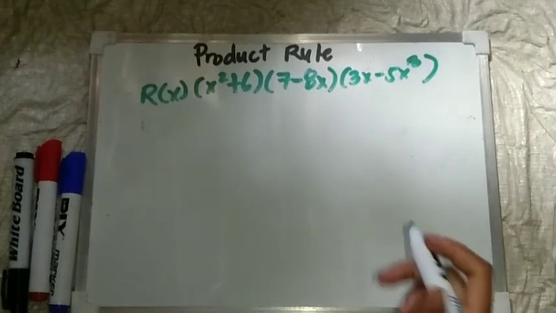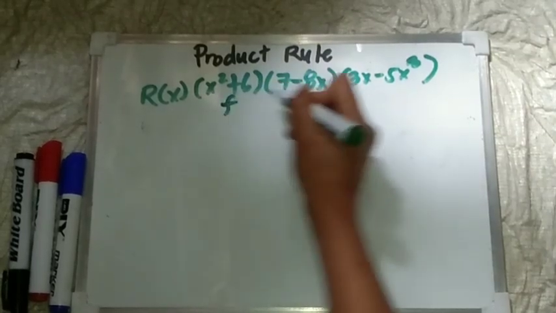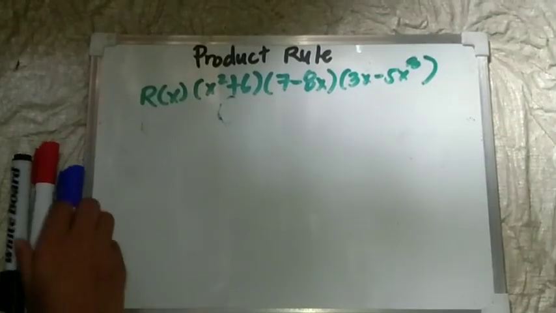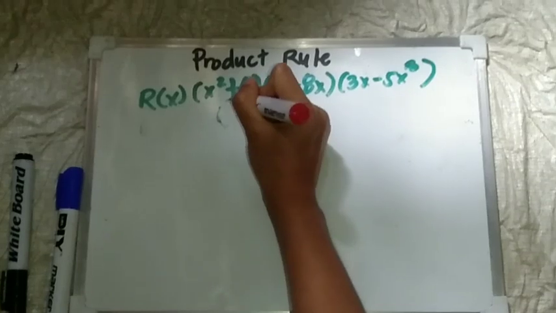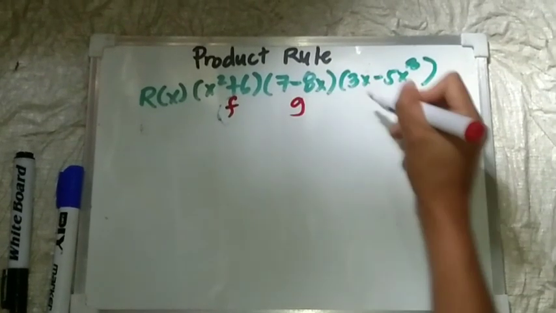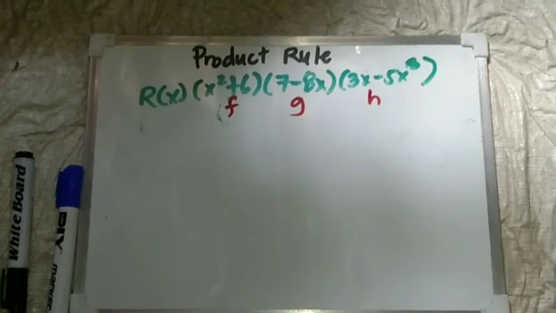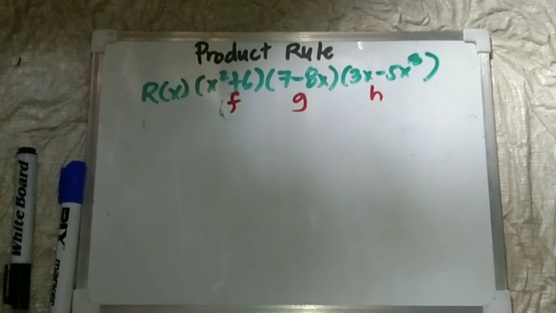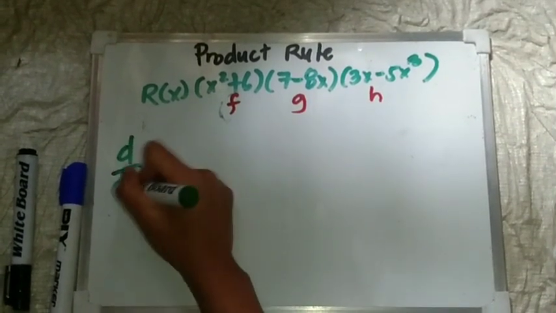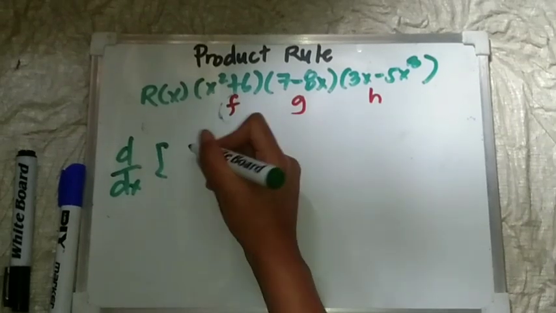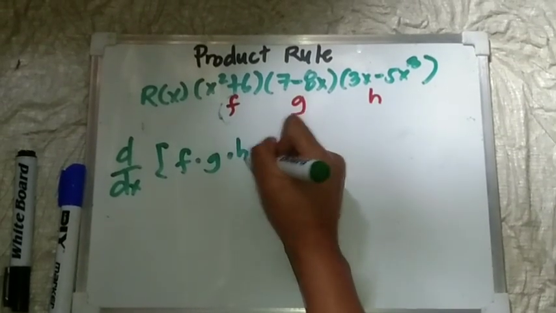So we will call this one our f, this one is our g, and this one is our h. So what is the derivative of f times g times h?